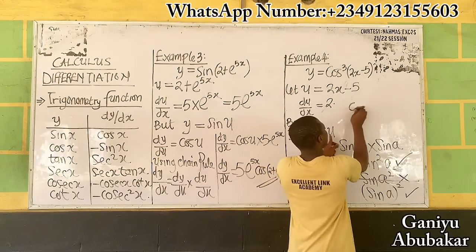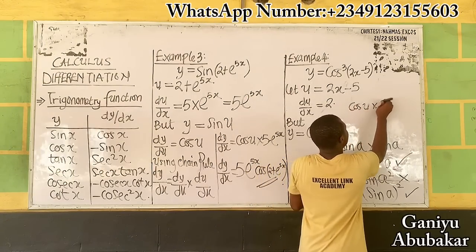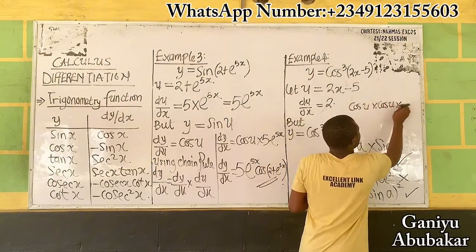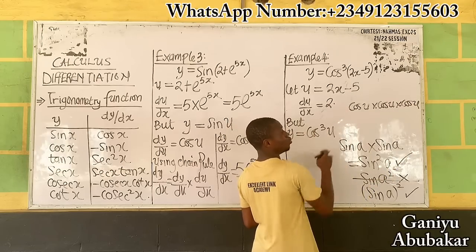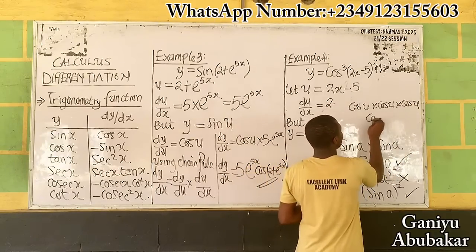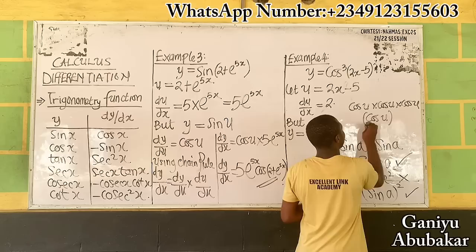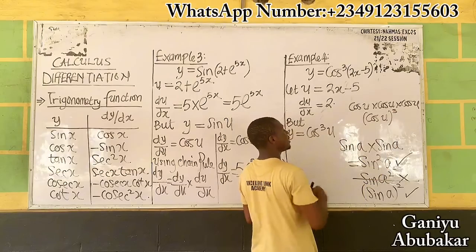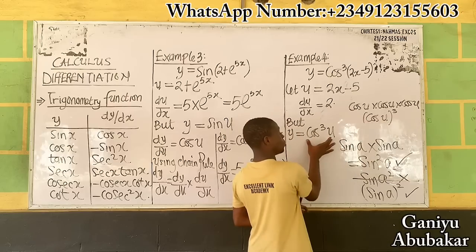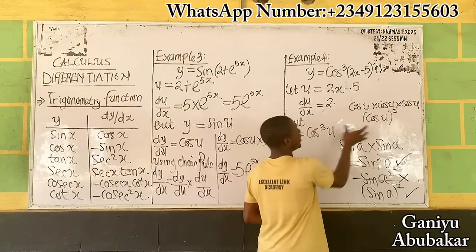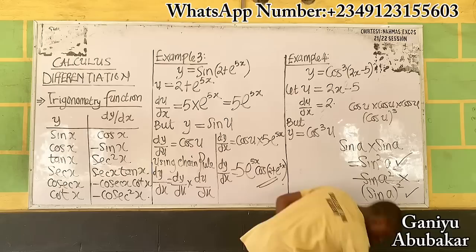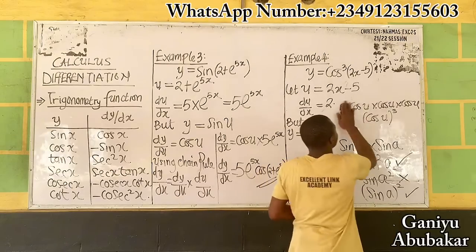It means cos u times cos u times cos u, in three places. That gives you cos cube u, or cos u all to power 3. Note that this can still be written in this form. I will not stress myself. So let's look up, please. Let's proceed.